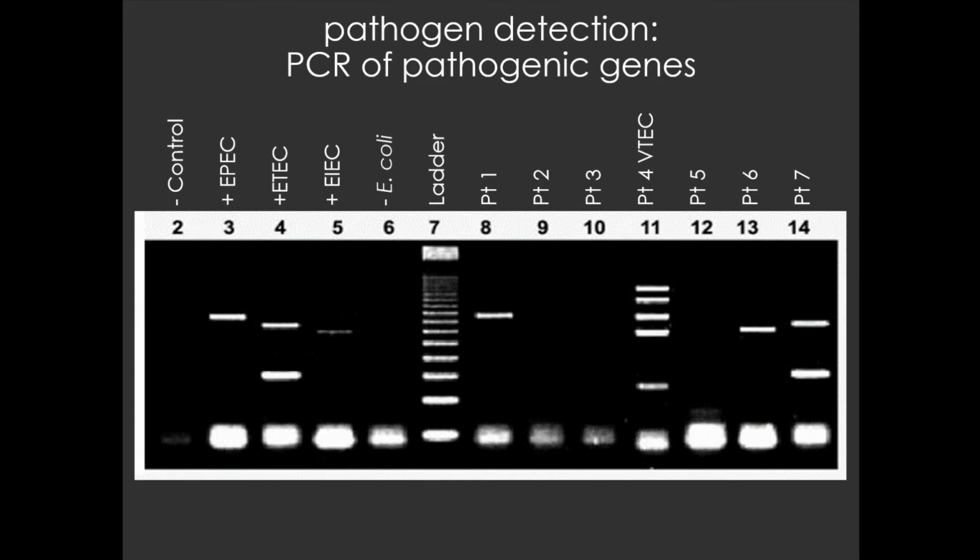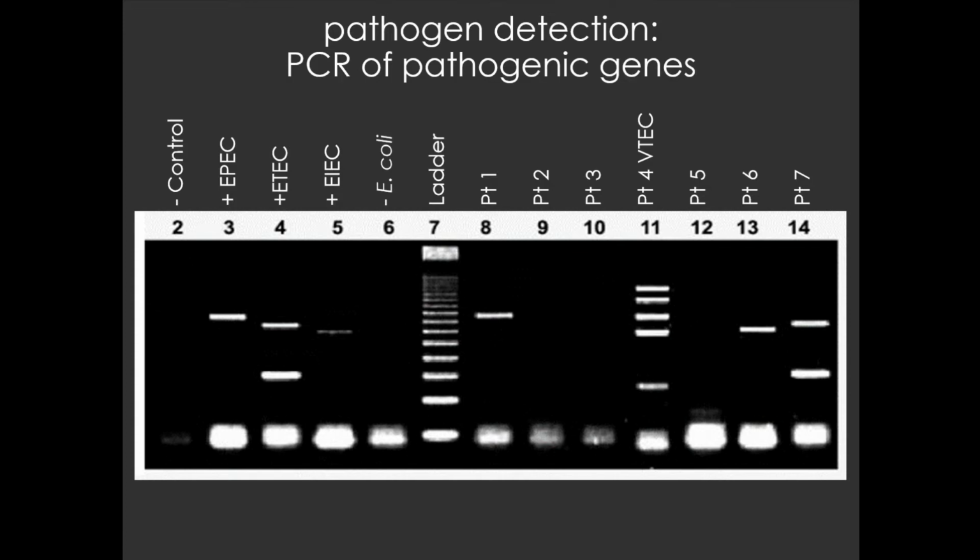So all of these patients, if you did biochemical testing, would test positive for E. coli. So now we need to know whether these patients on the right-hand side of this agarose gel electrophoresis data are actually sick because of those E. coli strains. So patient 1 has a band that lines up perfectly with enteropathogenic E. coli, so that patient has this pathogenic strain of E. coli.